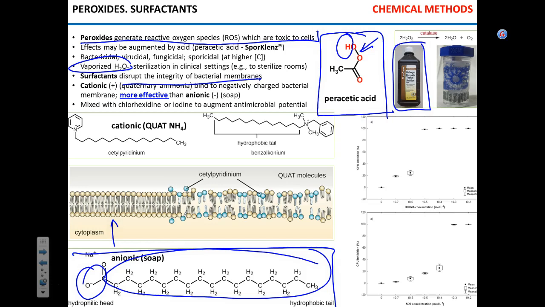Now here's the problem. The surface charge of the bacterial membrane, or any membrane for that matter, is negative. Negative charge on the membrane and negative charge on the molecule of surfactant, they will repel each other.